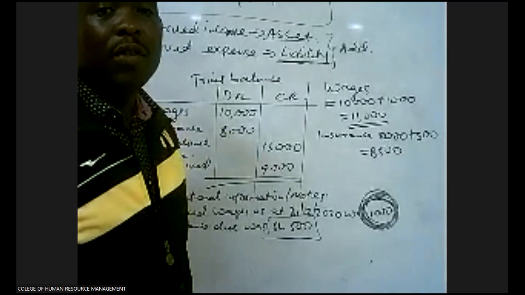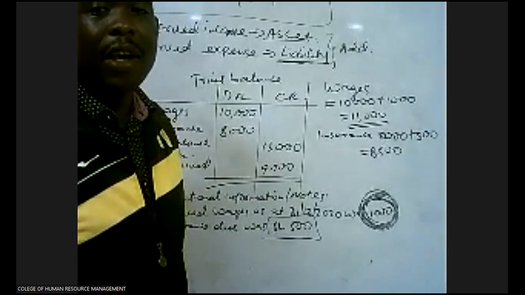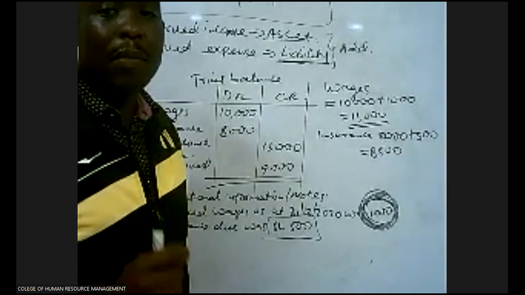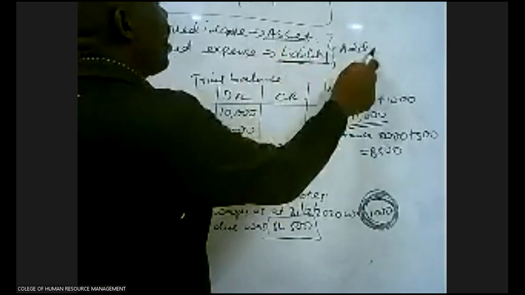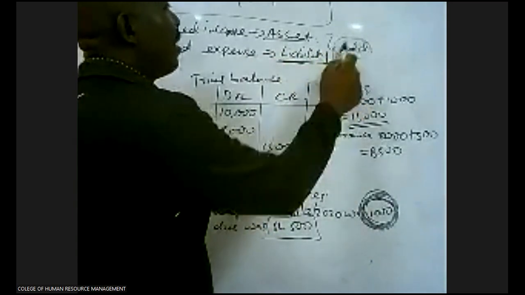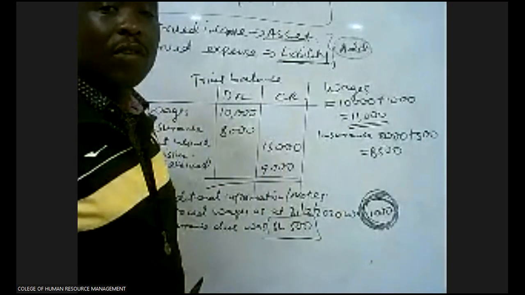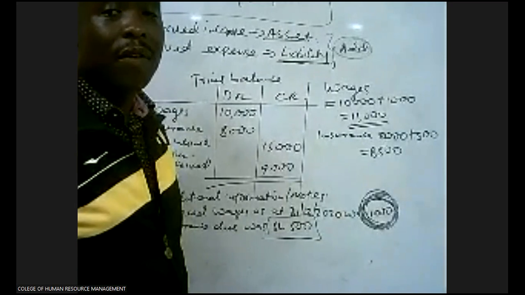If you are yet to receive any rent and the year has come to an end, that rent is an asset to you. It is money that the business is supposed to demand. It is an asset to the business. And then the same scenario will happen. We shall add that rent that is accrued to the rent that is already received so that we can determine the total amount of rent receivable in that financial year.